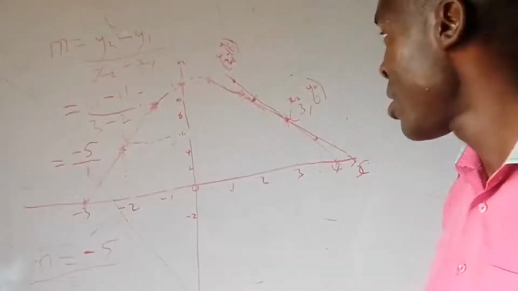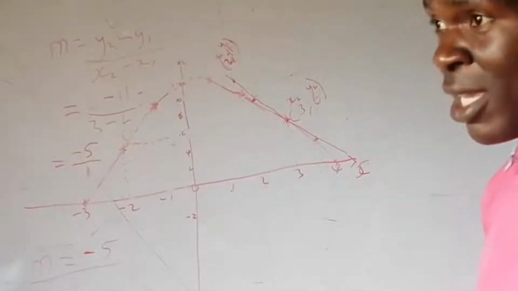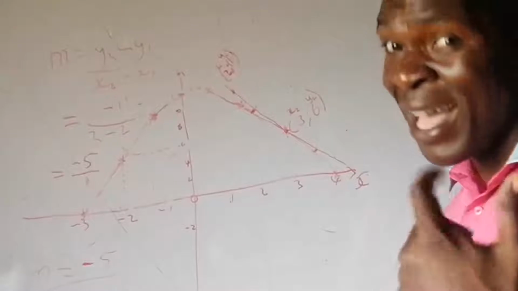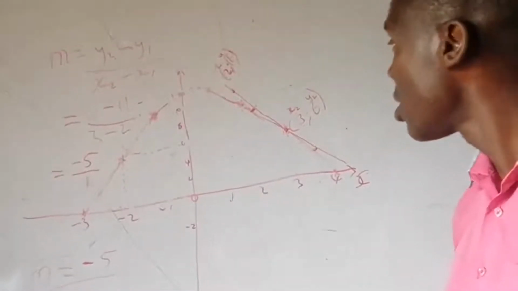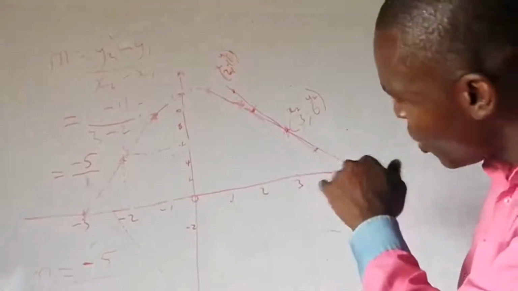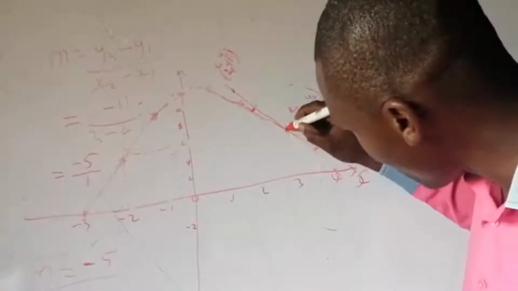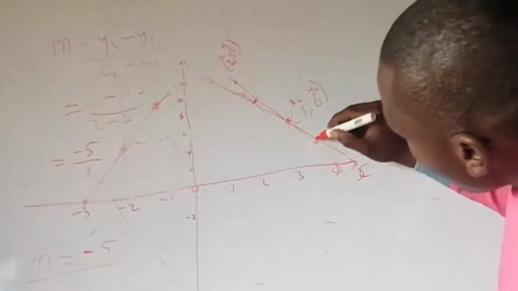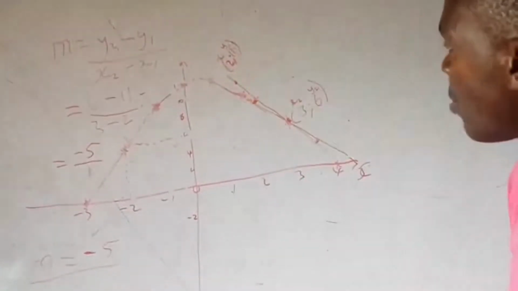I shall repeat. The first step is to locate the point which you are asked to find the gradient at. Then draw a tangent at this point so that this angle must be equal to this angle.